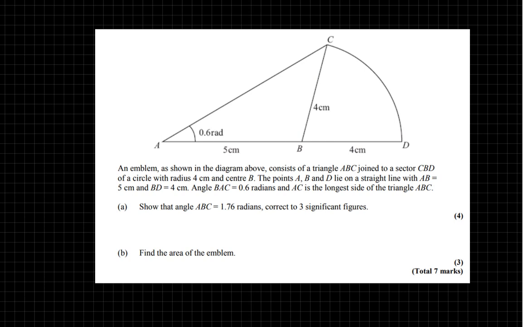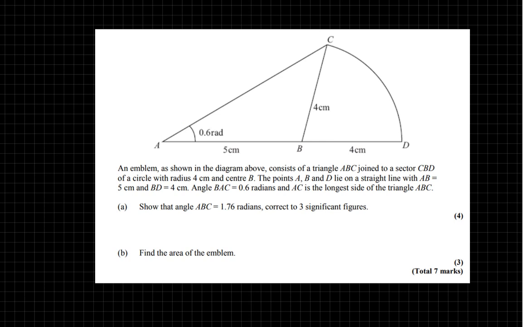To clarify, for part B, you're going to need to find the area of the whole thing. So if I tell you the area of that sector, then you should be able to find the area of the whole thing by calculating the area of this triangle and adding on the sector area as I tell you what it is.